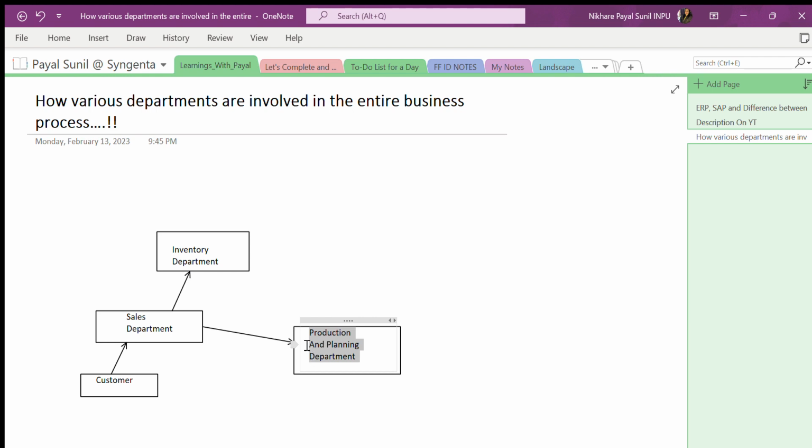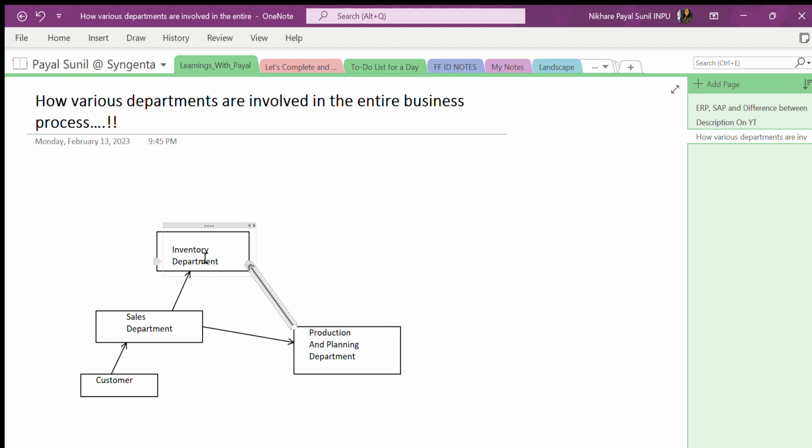Now the production and planning department will contact the inventory department to check if the raw material required to manufacture that product is available or not.